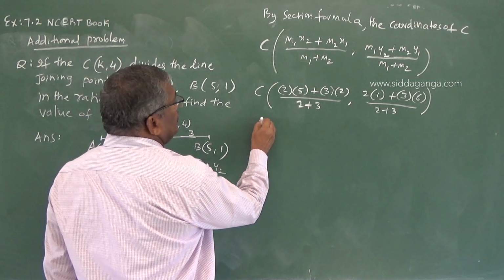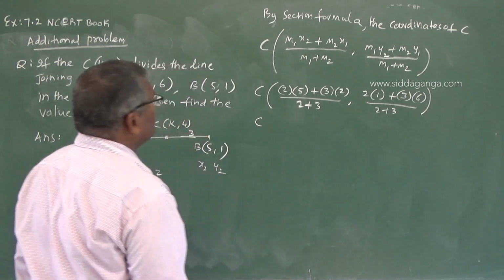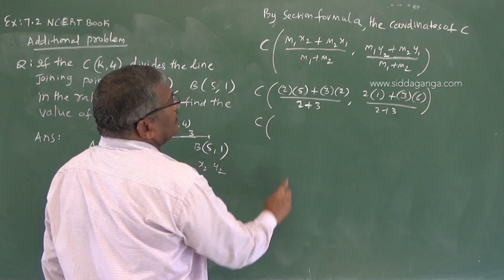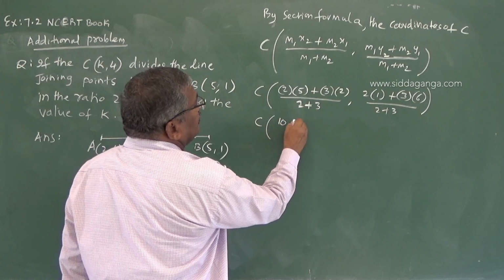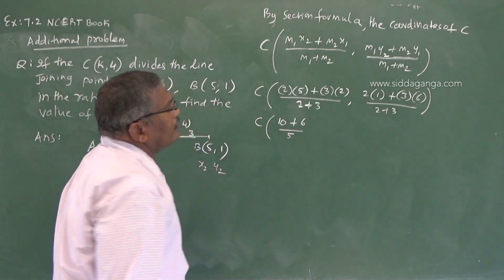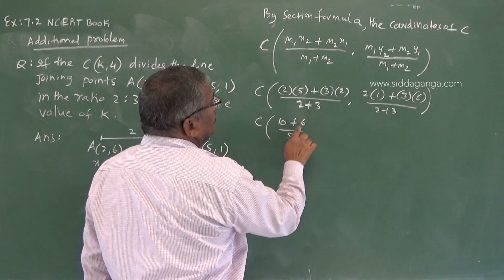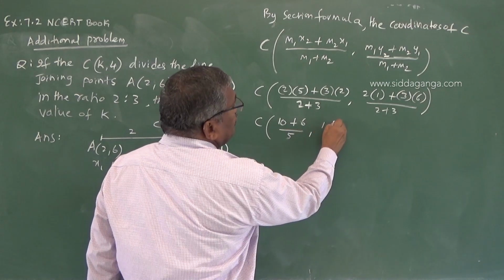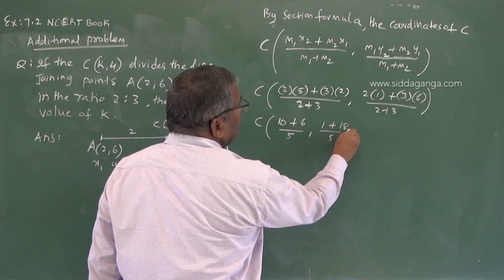Now C will be 2 into 5 is 10 plus 3 into 2 is 6, divided by 2 plus 3 which is 5. 2 into 1 is 2 plus 3 into 6 is 18, by 5.